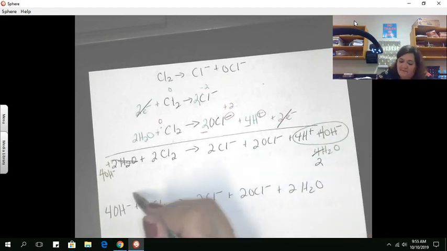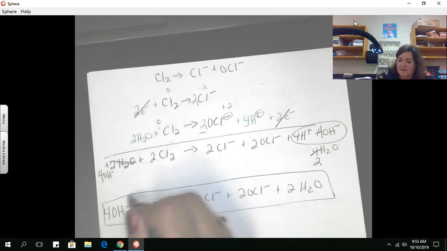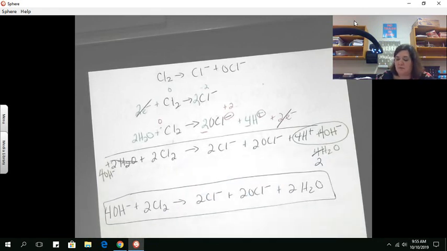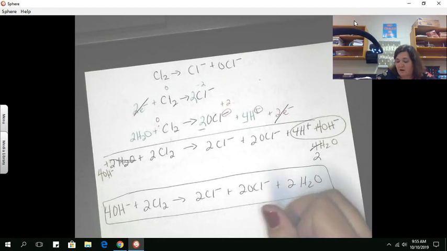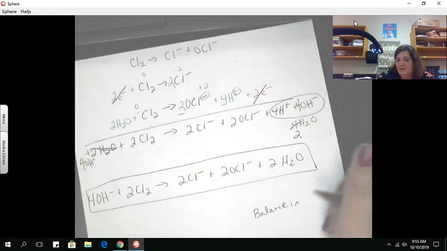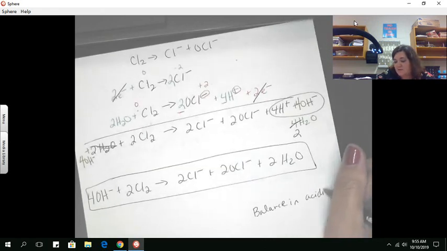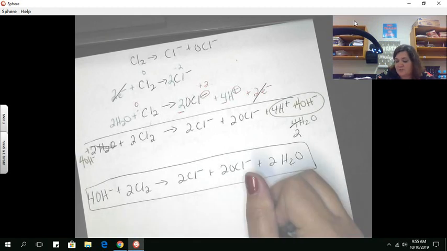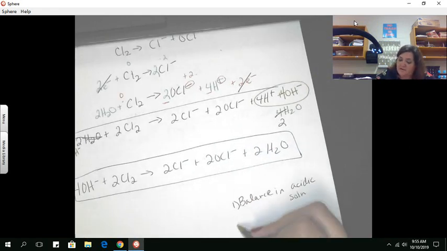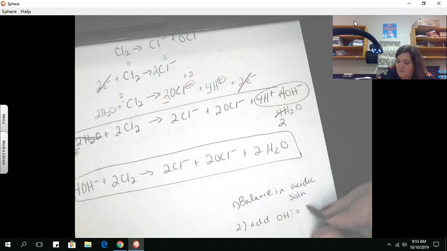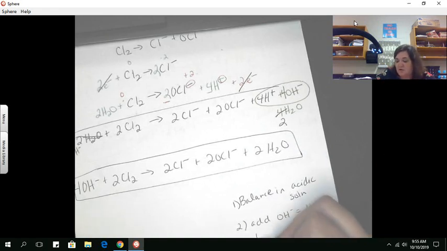And that would be balancing redox reactions in basic solutions. So again, once you've gone through the process of balancing, you balance in an acidic solution first, go through all those steps, then you add hydroxide ions equal to your hydrogen ions to both sides.